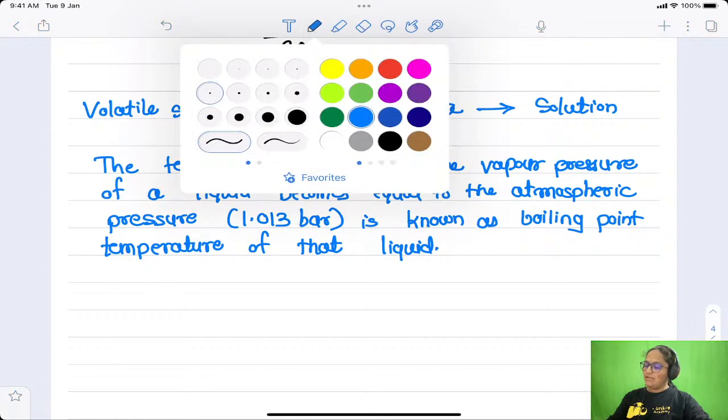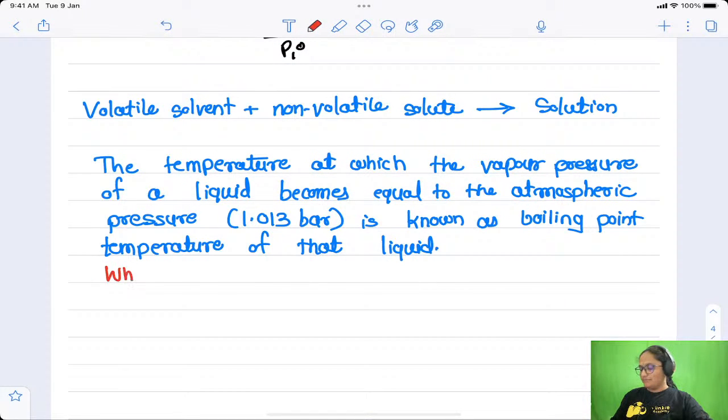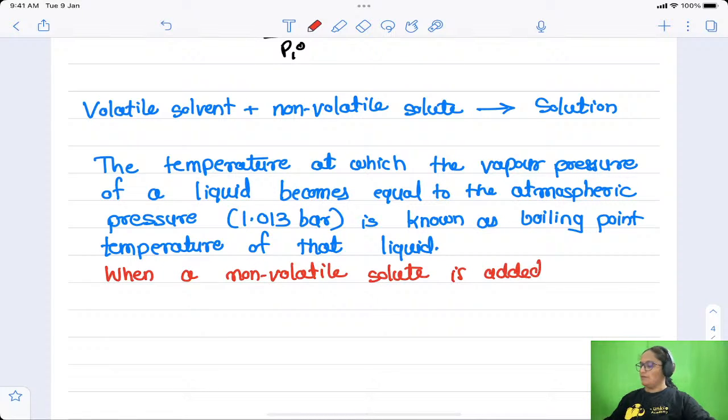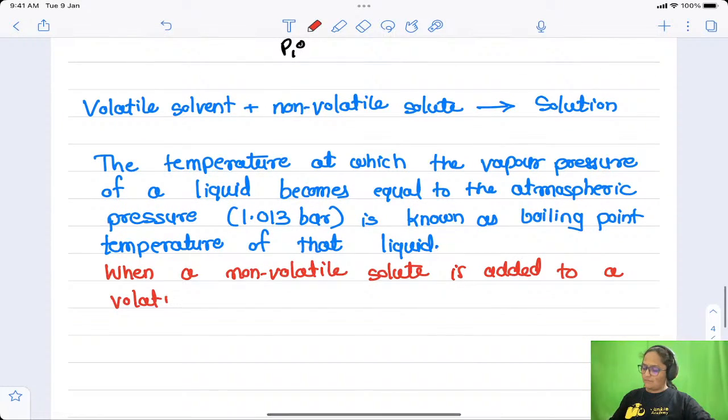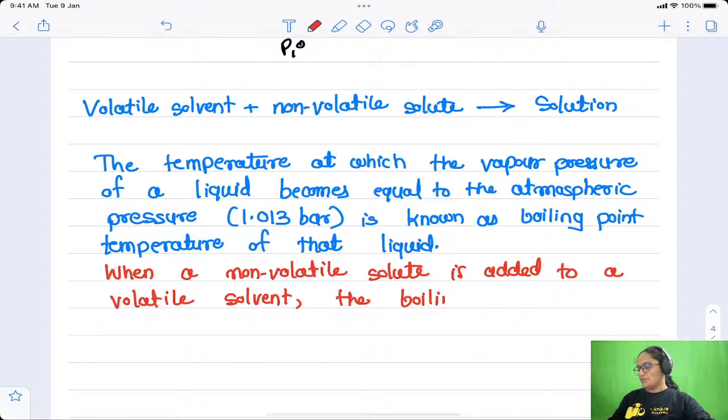Now one statement here I am going to write down: when a non-volatile solute is added to a volatile solvent, the boiling point of the resultant solution is elevated, right?